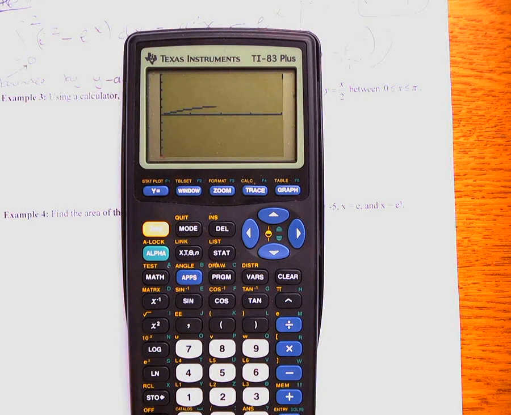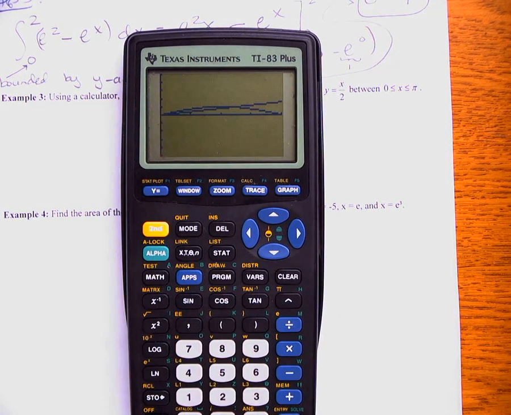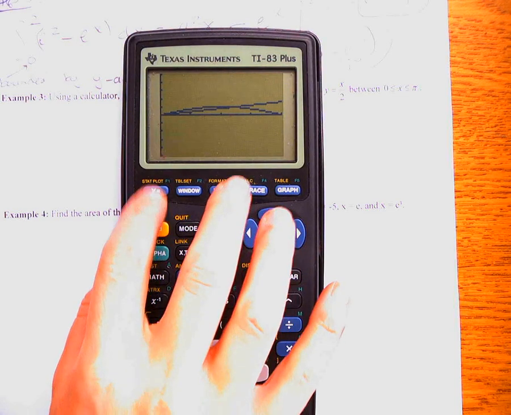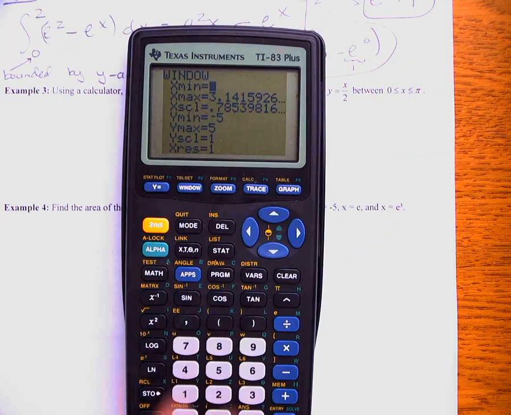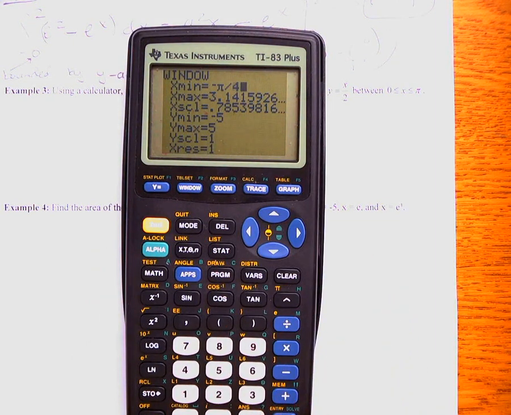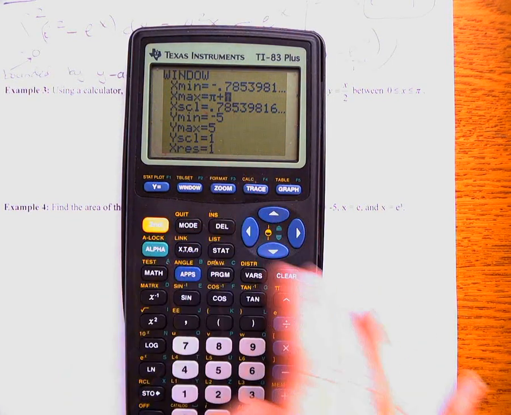Okay, so there's the sine x function. And then now it's going to graph the x over 2. So I'm going to zoom in even a little more, because I can see there's a point of intersection there and there. But because it's kind of small, we want to zoom in a little bit. Oops, sorry. So let's first open the x-axis up a little bit. I'm going to go from negative pi over 4 to, I'm going to add another pi over 4 after pi.